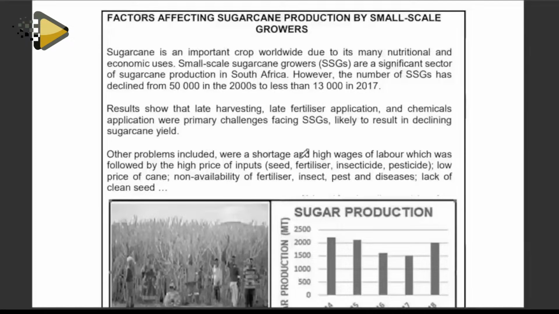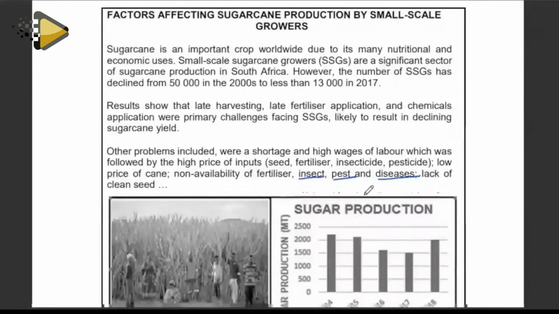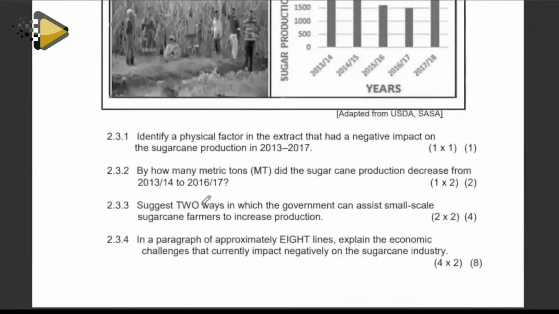Other problems were a shortage and high wages of labor, which was followed by high price of inputs, seed, fertilizer, insecticide, and pesticide, low price of cane, non-availability of fertilizer, insects. This is natural. Pests. This is natural. And diseases are natural. Lack of clean seed, those ones are economic. So we only want things which are natural or physical because our question is specifically asking for physical challenges. So the insects, the pests, and the diseases are the ones which are natural. So any one of those.